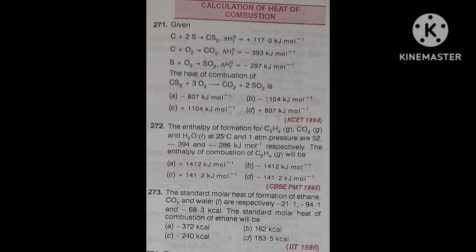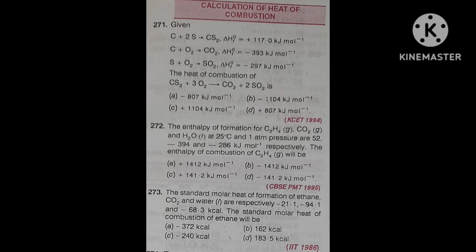Then C2H4 plus 3O2 gives 2CO2 plus 2H2O. This is the main part. This reaction you have to write, otherwise you can't solve it. This reaction is very, very important. The heat of combustion of ethylene: C2H4 plus 3O2 gives 2CO2 plus 2H2O.